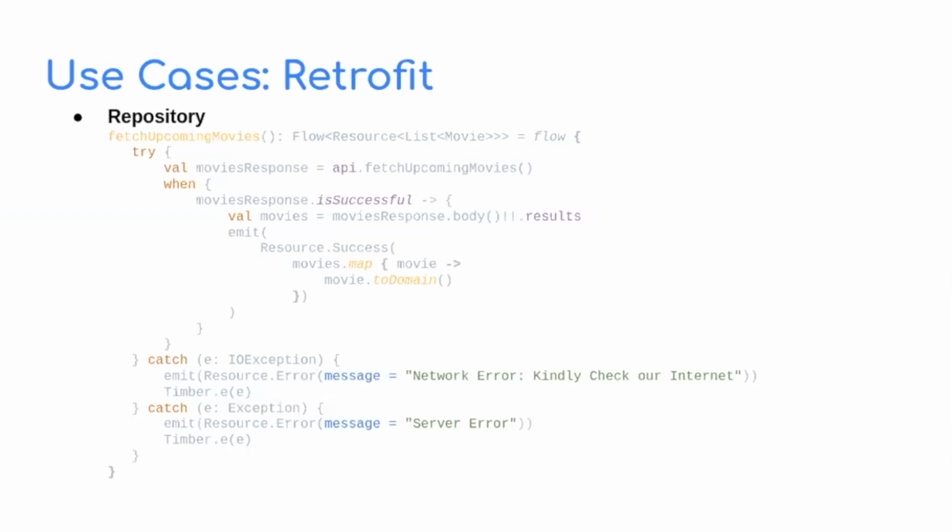So our cold flow will send the data only when someone is listening. This helps us to prevent creating different flows that consume the same data.